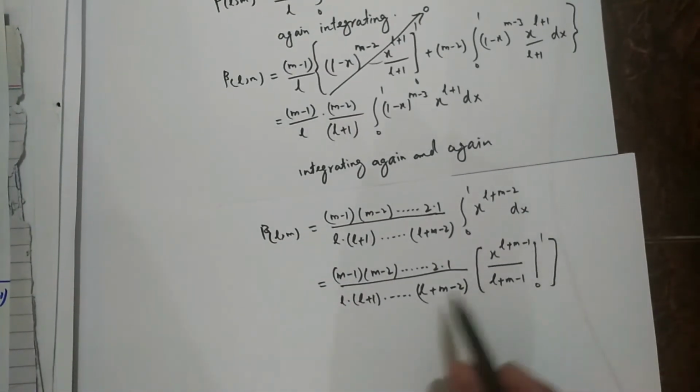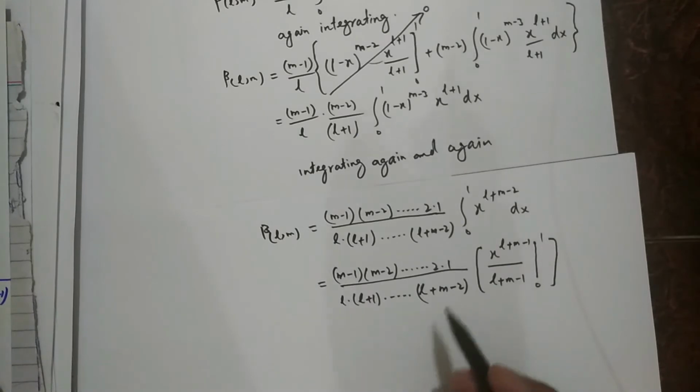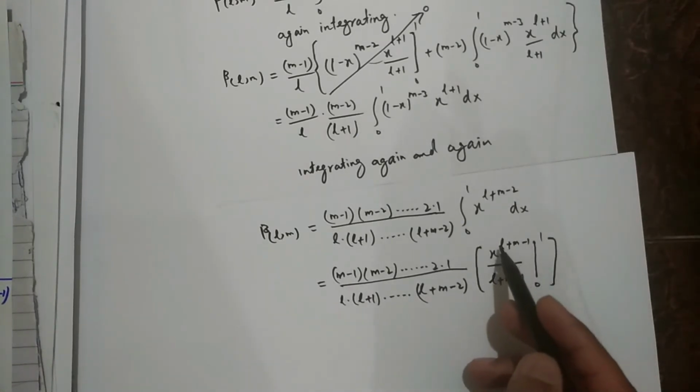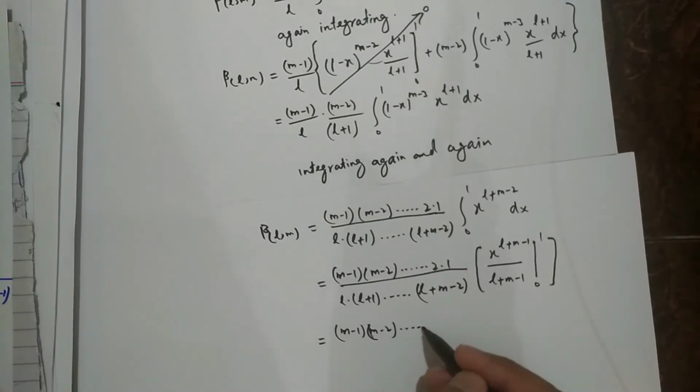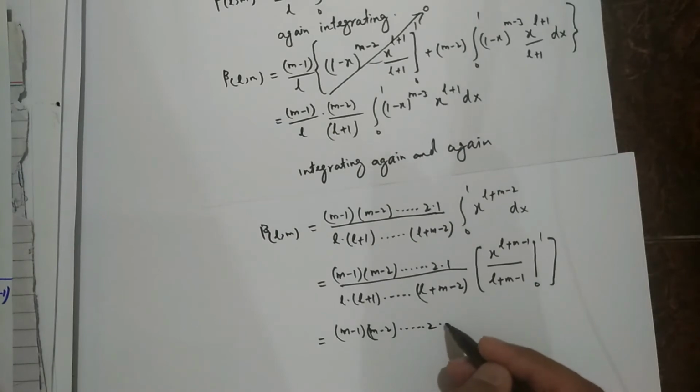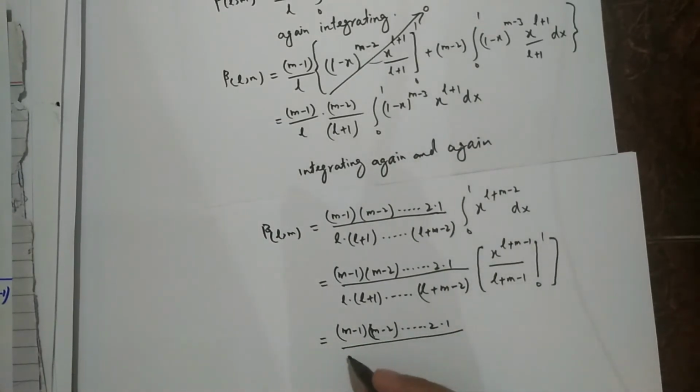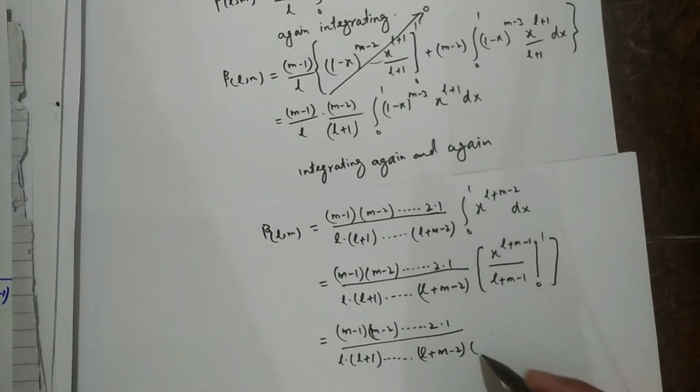Bringing this L plus m minus 1 out of the integral and applying the limits, this will be 1, so we will have m minus 1 times m minus 2 times 3 to 1, and in the denominator we will get L times L plus 1 times L plus 2, L plus 3 and so on, and at the last we will get L plus m minus 2, and here L plus m minus 1.